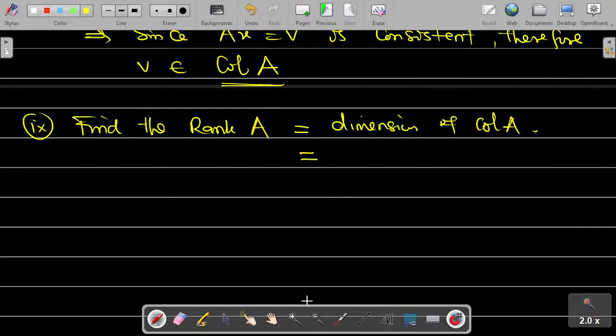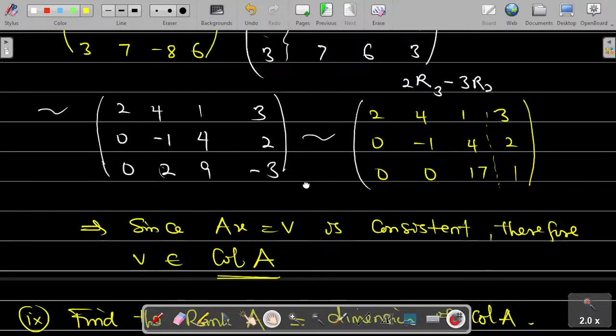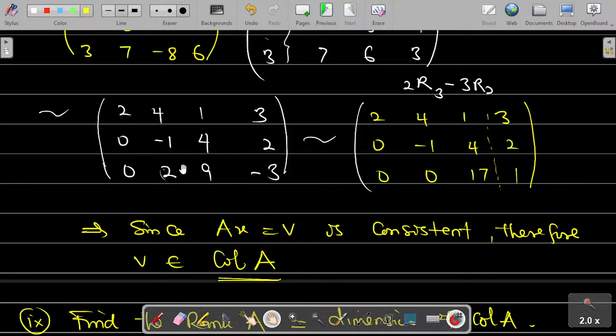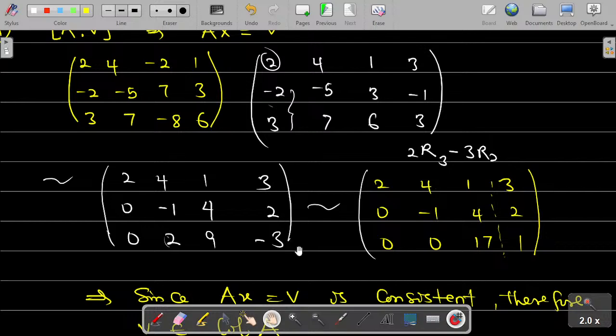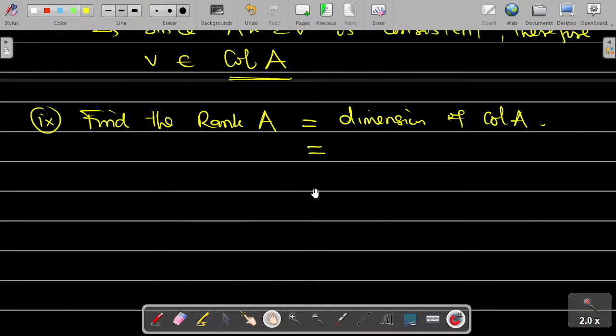And we've already said here, remember that it is the dimension that gave us these three vectors that formed col A. All right, and it has 3 vectors. So that's the 3 pivots we got when we reduced the whole A into echelon form.